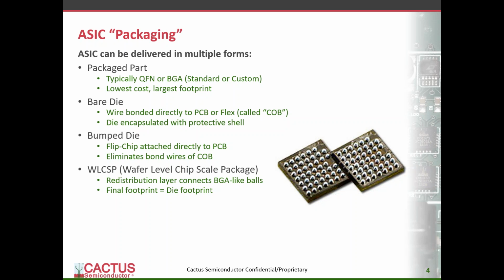Again, you can flip that and bond that right to the printed circuit board. The big advantage there is that the final footprint is the same as the die footprint. There's no overhead really in terms of X and Y dimensions associated with wafer level chip scale packaging.